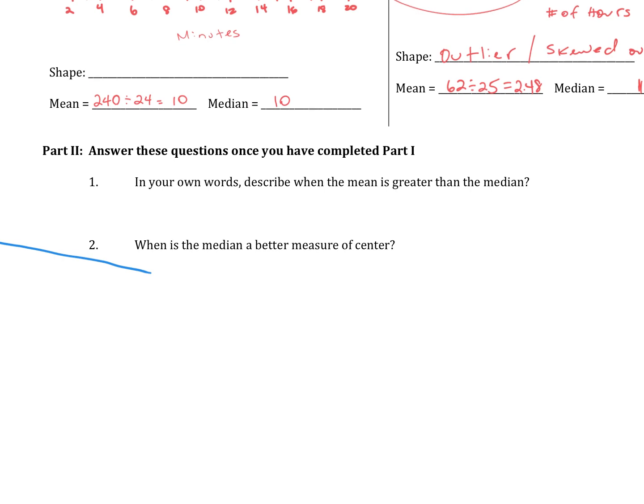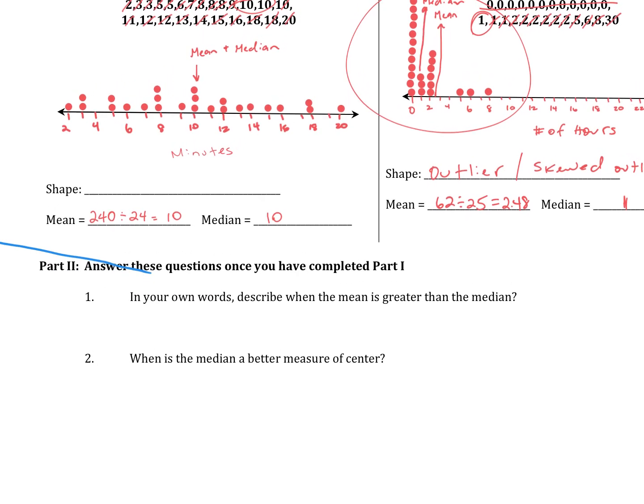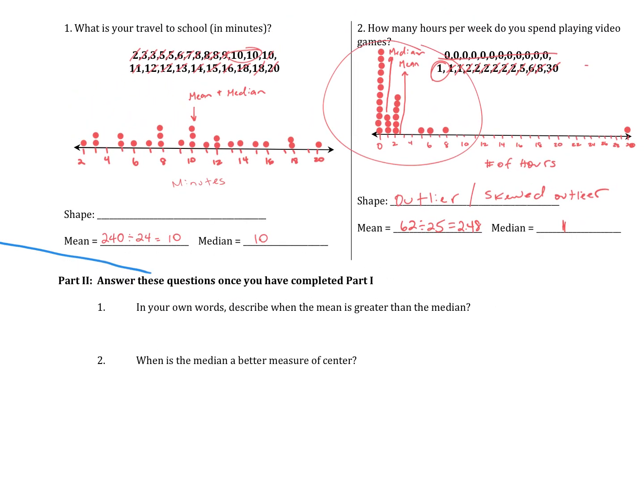So part 2 says answer these questions once you have completed part 1. So in your own words, describe when the mean is greater than the median. Looking at our 2 data displays above, we can see that for our graph that is skewed right in our second example, the mean was slightly greater than the median, which makes sense because we have that outlier that's happening at 30.